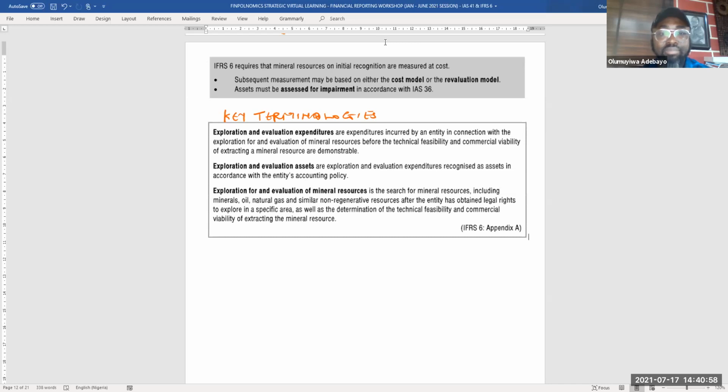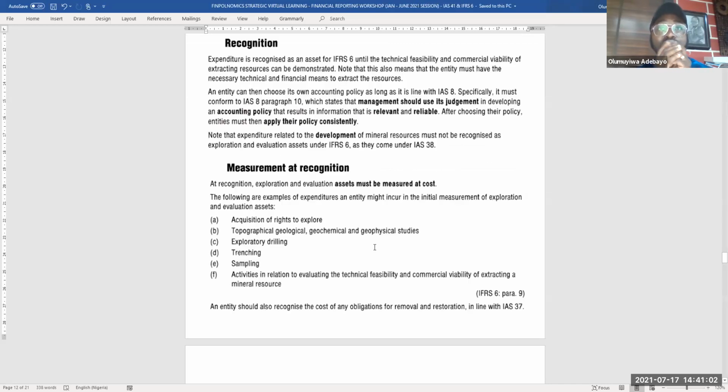Now, the next step for us is to say, okay, how do we measure an E&E asset upon initial recognition? The standard is so clear. The mode of measurement will always be at cost at every point in time.